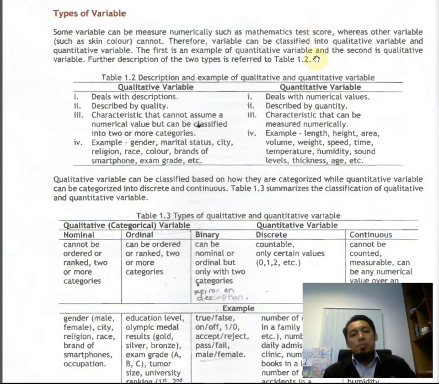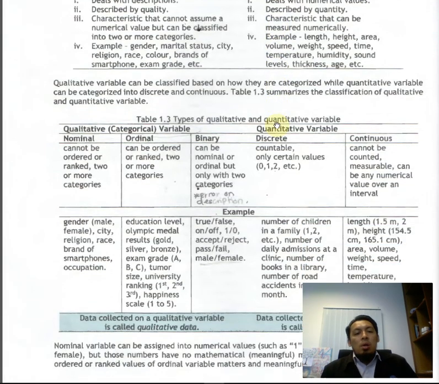Okay, so let's go a little bit more specific. For a qualitative variable, which is also known as a categorical variable, because normally it can be categorized, we can have three kinds of qualitative variable: nominal, ordinal, and binary.